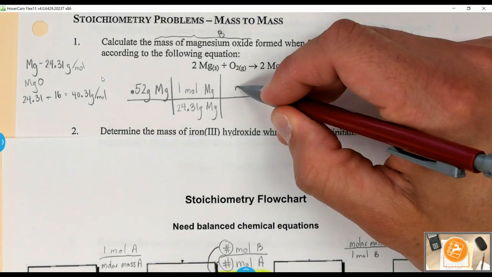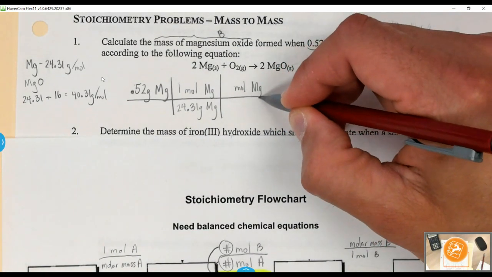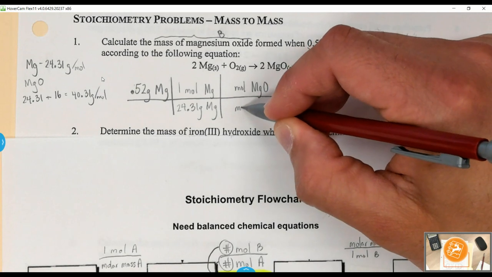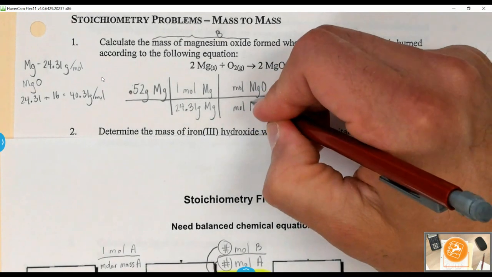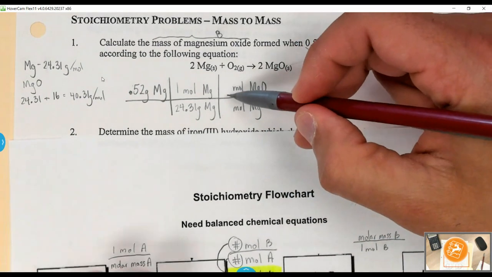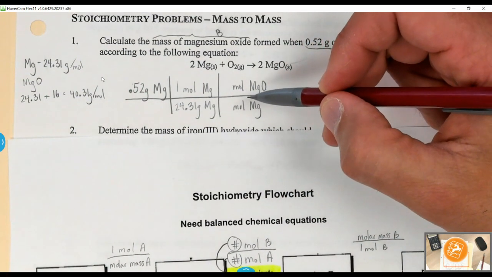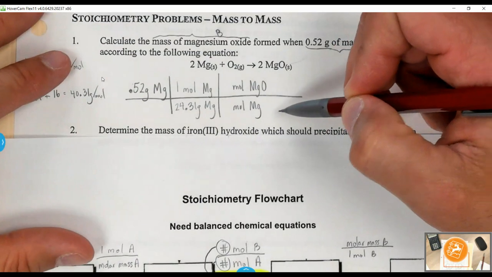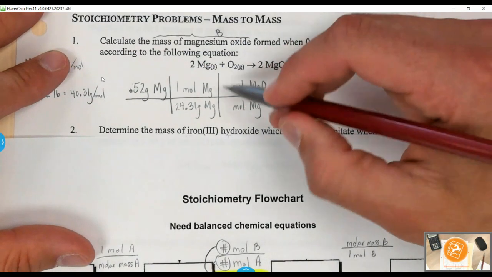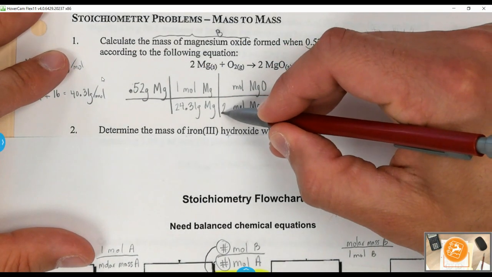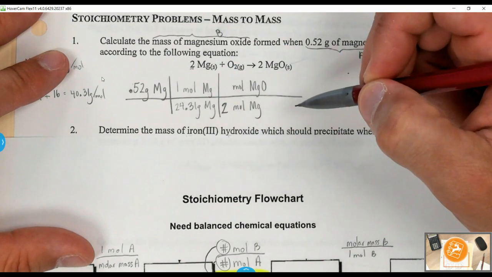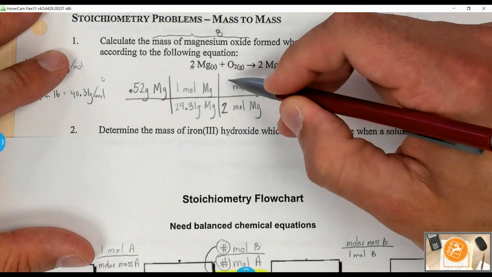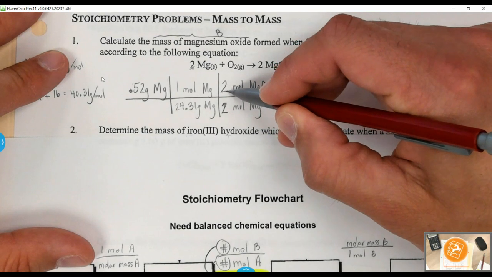I'm going to leave it blank for a moment: blank moles MgO over blank moles of substance A, which is magnesium. Where do those 2 numbers come from? They come from the coefficients. Is there a coefficient in front of Mg? Yeah, it's 2, this little 2 right there. And is there a coefficient in front of the MgO? Yes, that is also a 2.